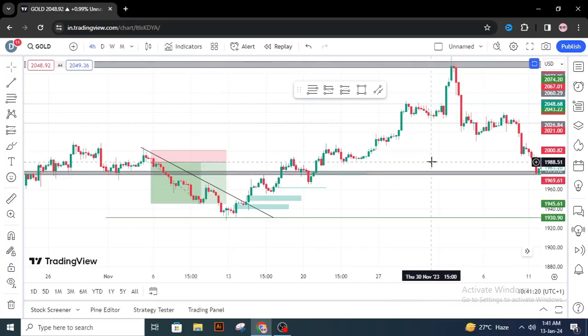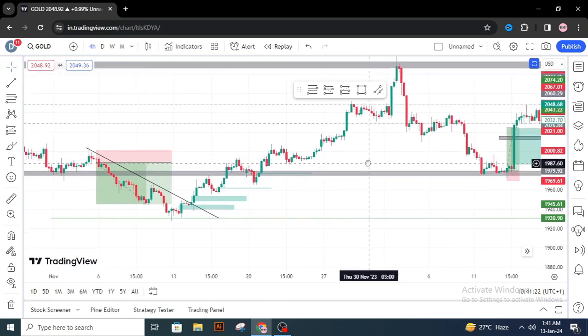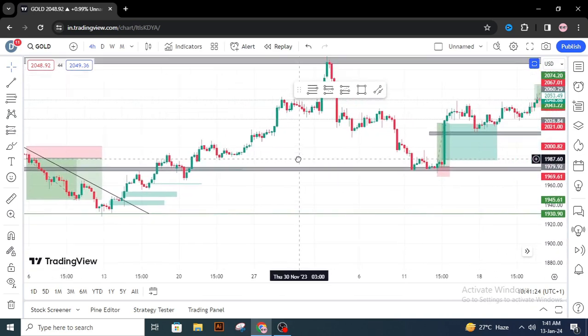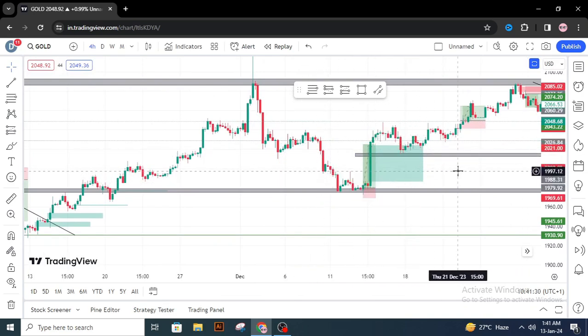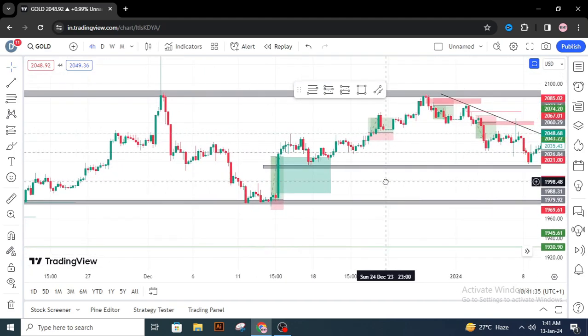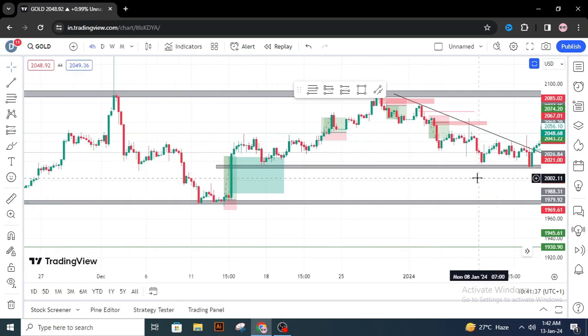Welcome, guys. Now this is my gold chart and I'm on the 4-hour time frame. What I always try to tell you guys is that whenever you want to trade any asset at all, start from the higher time frame.